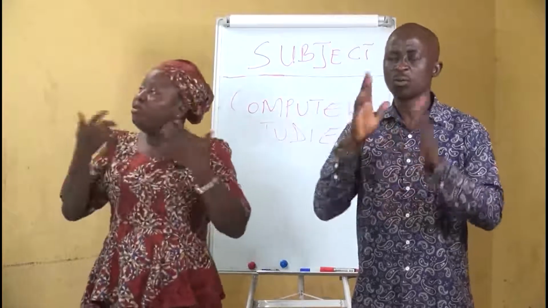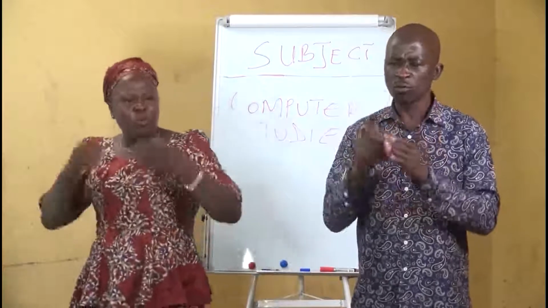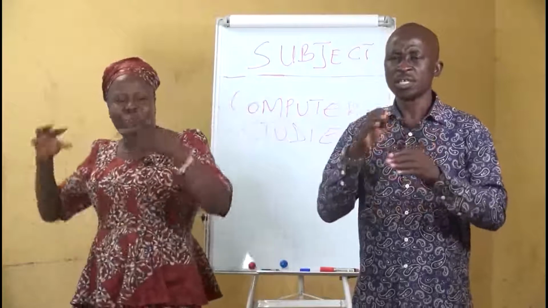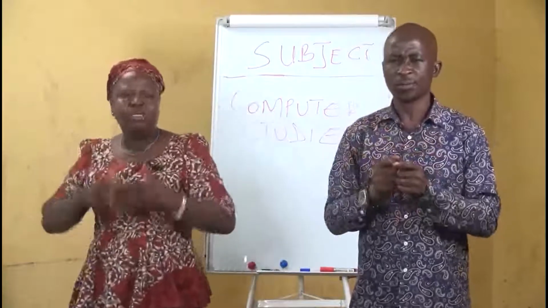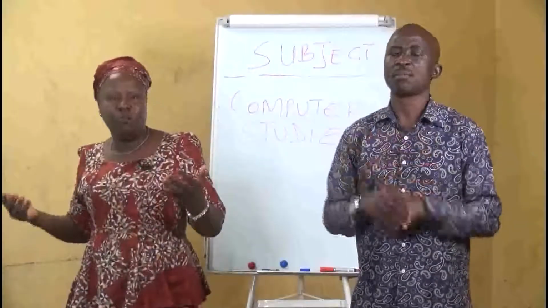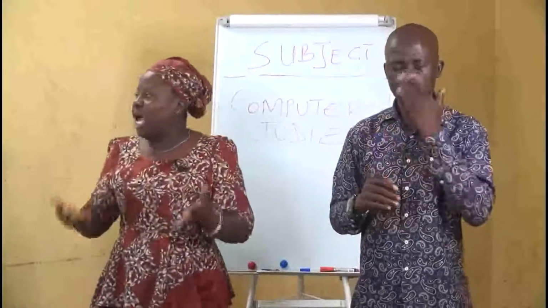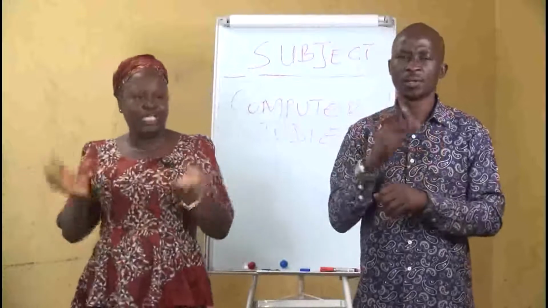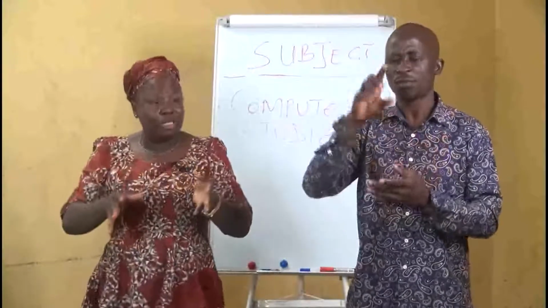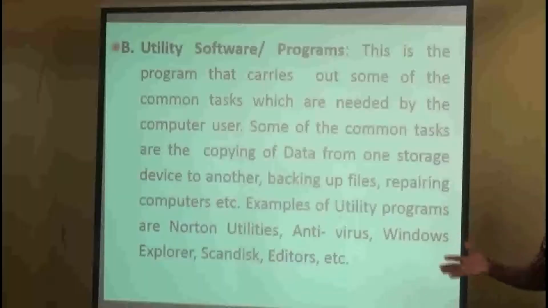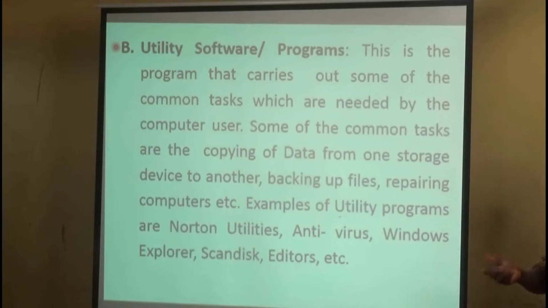Utility software is the type of software that is in charge of controlling any error that might come up in the computer system. Some of these tasks are copying data from one storage to another, backing up files, repairing computers, and so on.